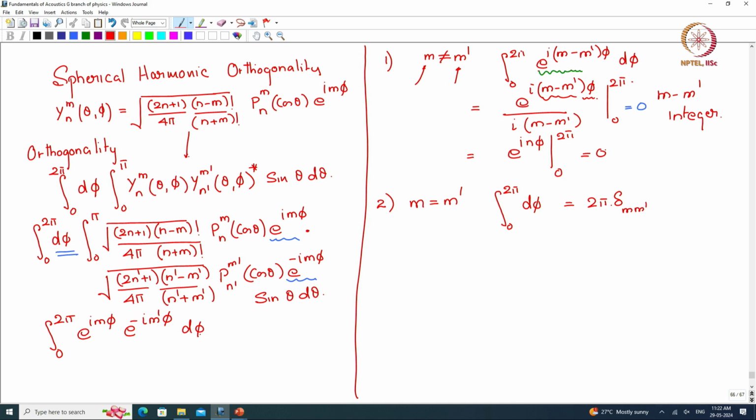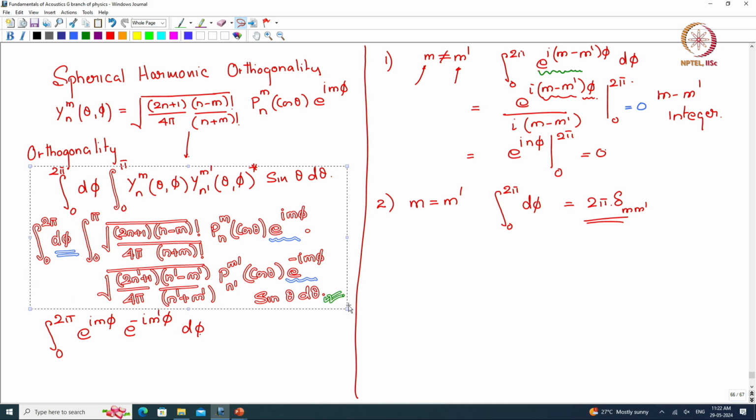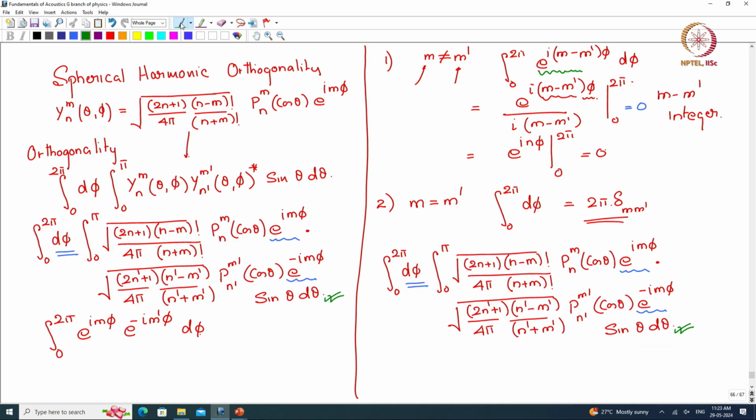So if I bring 2 pi delta m m' into this integral now, then m and m' have to be the same. Let me copy this. So in here, when I bring in 2 pi delta m m', this d phi integral is done.